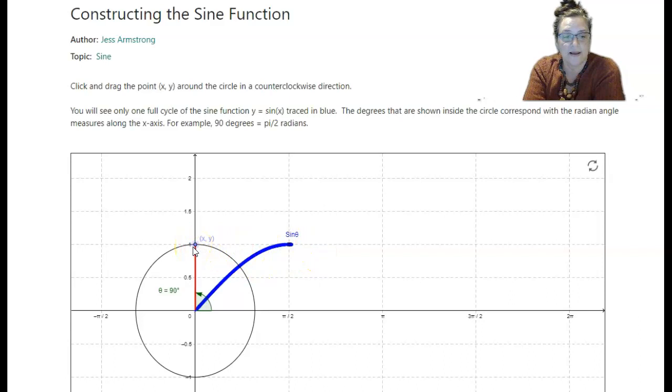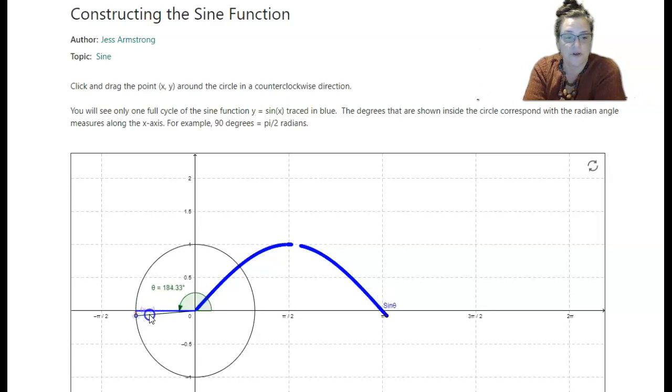Now as we continue into quadrant 2, oops, there we go, got a glitch. We can see as the angle grows closer and closer to 180, now we're coming down and reaching 0 at half the circle, which is pi.